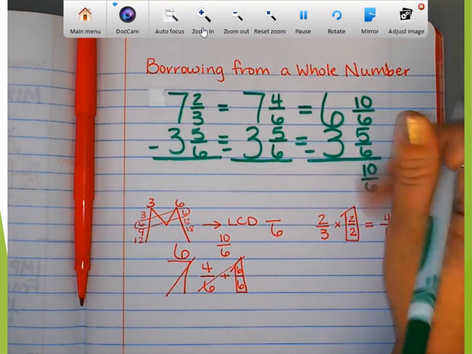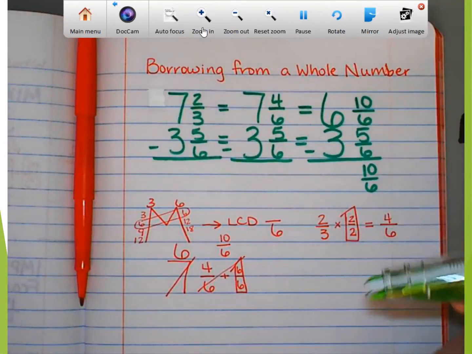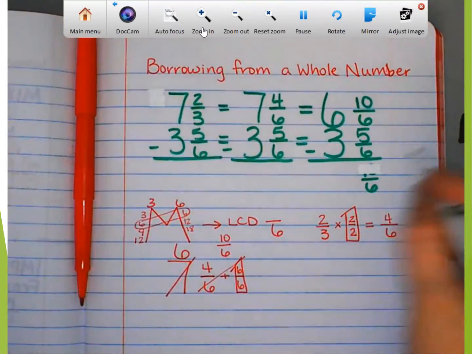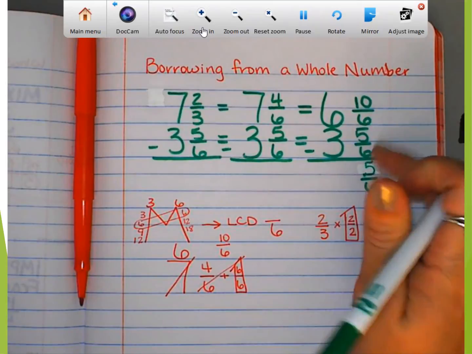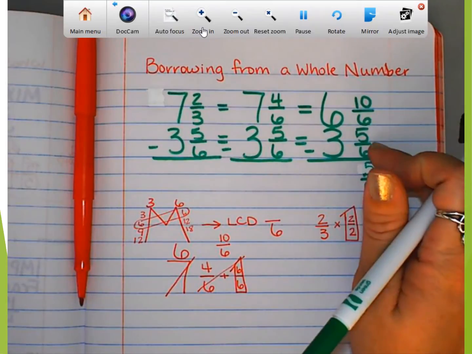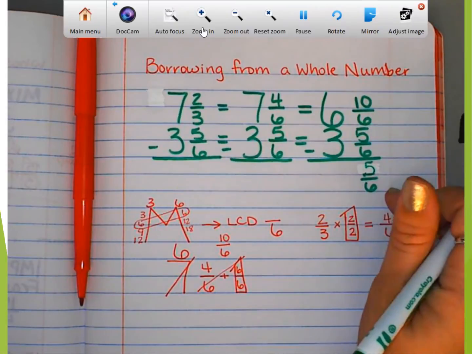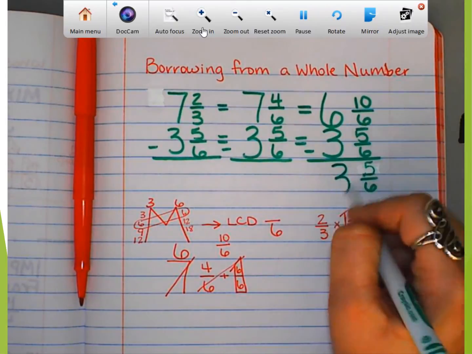We did all that work to get, but I said the wrong thing. 10 minus 5 is 5. We did all that work to get a common denominator. We're not subtracting our denominator. We're talking about how many pieces we're subtracting. So we got 5/6 left. Then we can subtract our whole numbers. 6 minus 3 is 3.